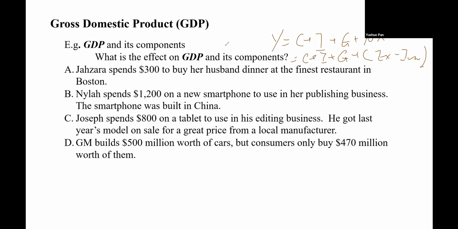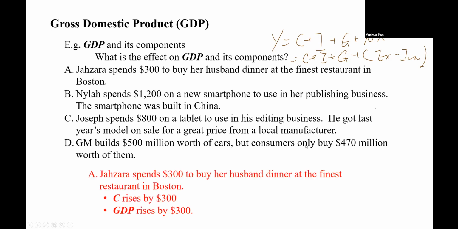The GDP will also increase by $300, right? Because Y equals C plus I plus G. If C increases by $300, then Y should also increase by $300. That's the answer for the first one.